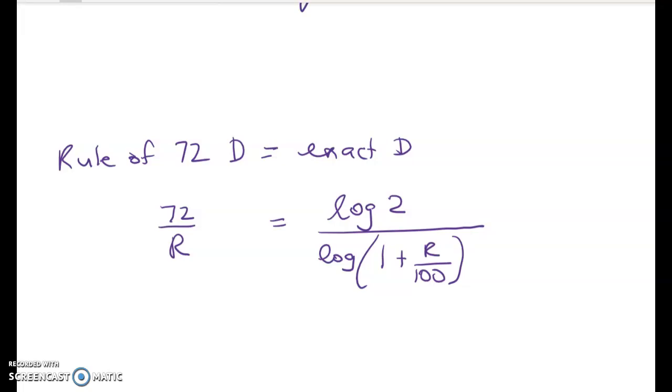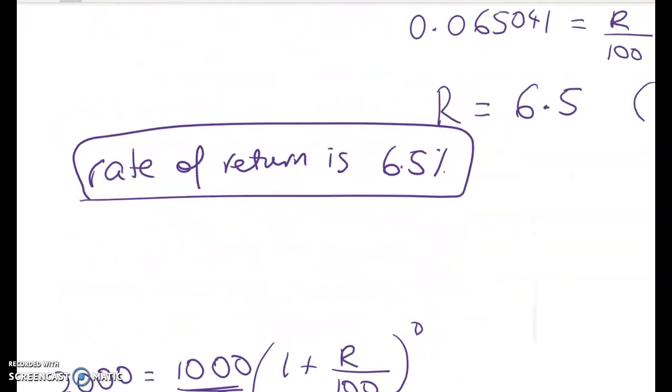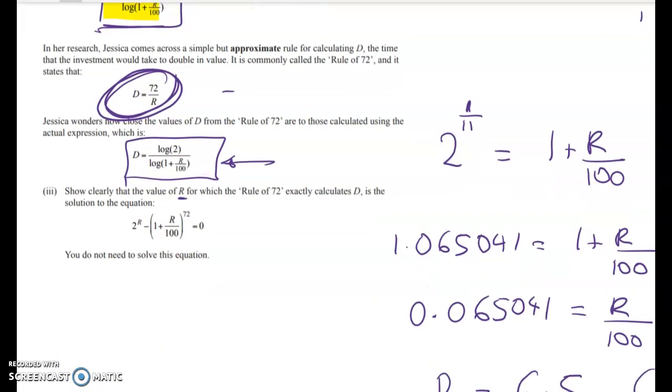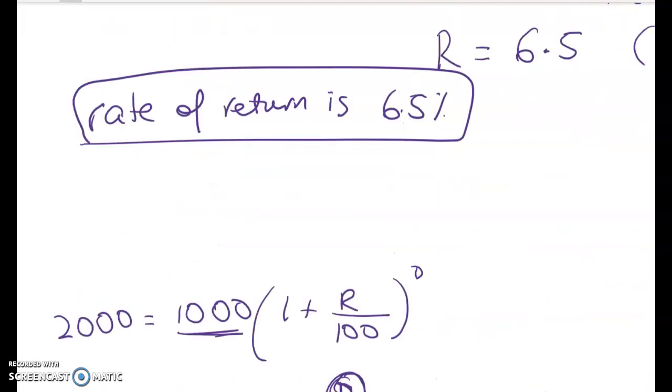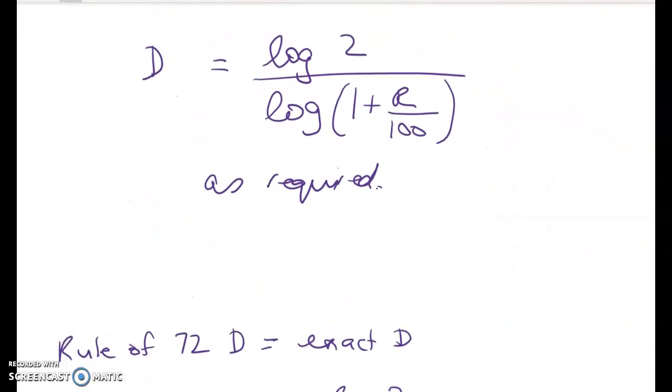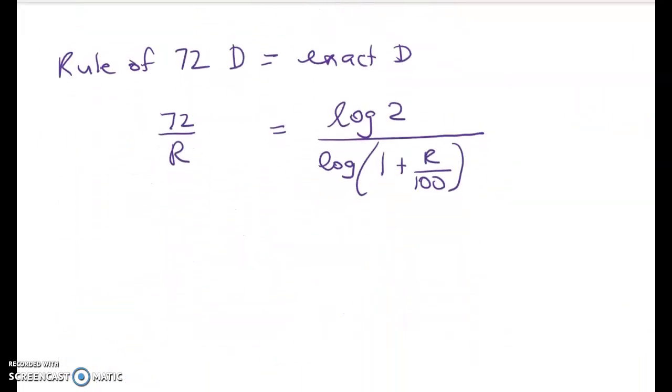And we have to show that this is the solution to this equation here. Okay, so we're going to rearrange this, and we're looking to end up with 2 to the power of r, blah, blah, blah.